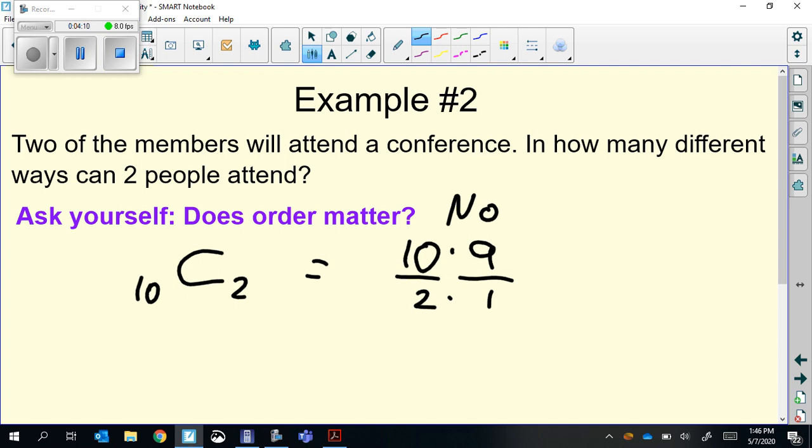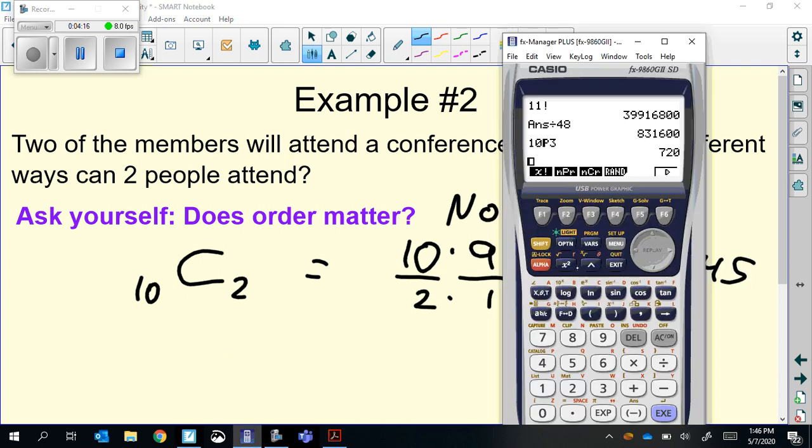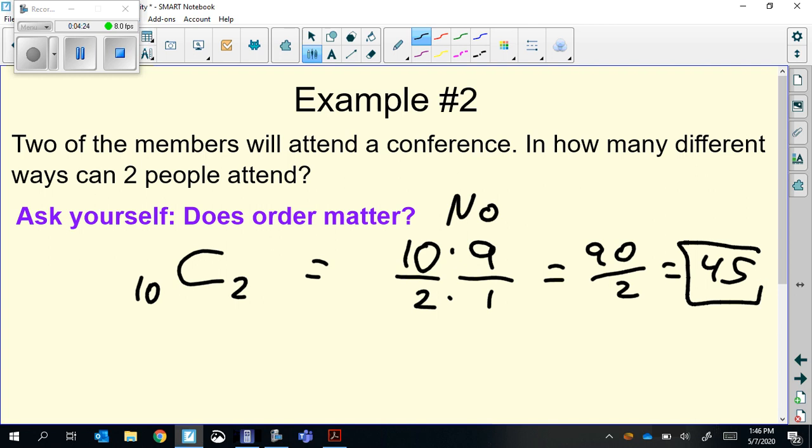So 10 times 9 is 90, over 2 is 45. We can do that on our calculator as well. That'll be 10C2, 45. So there are formulas, but this is basically the shortcut of the formula. It's just the way I showed you here.